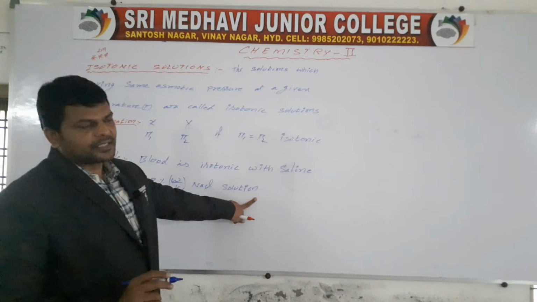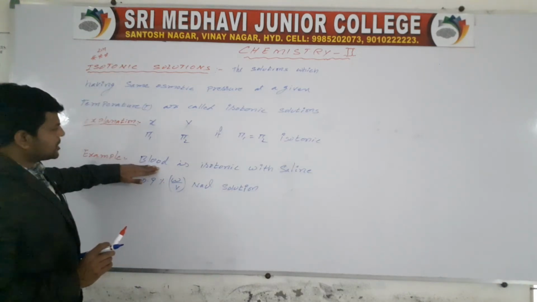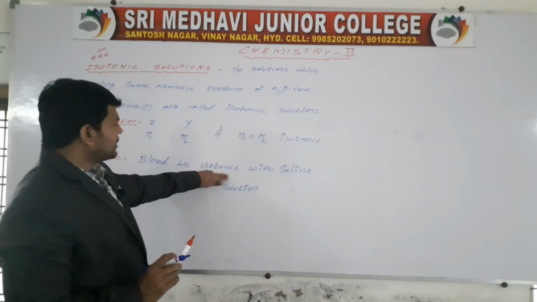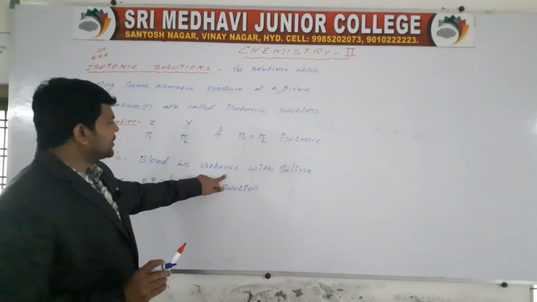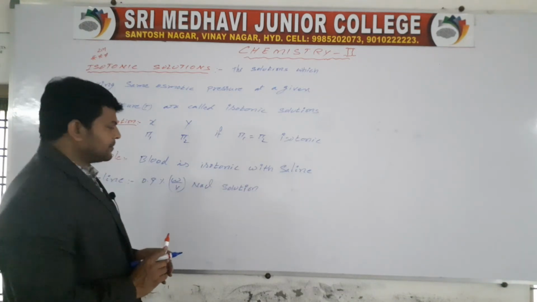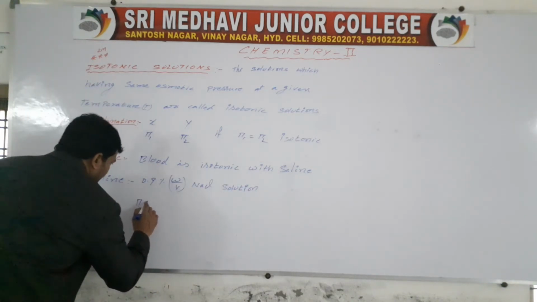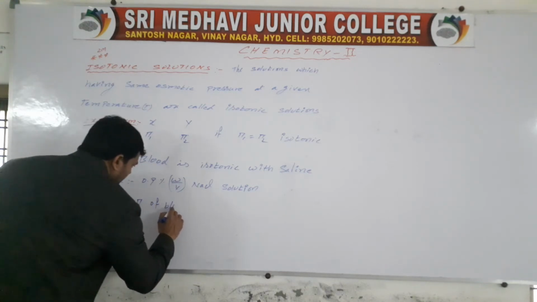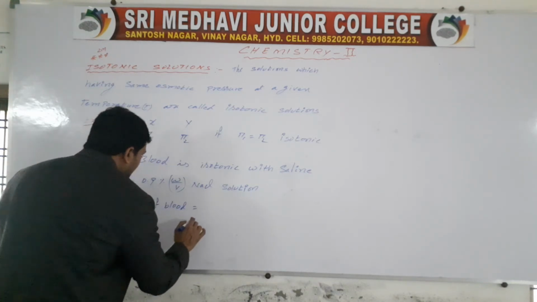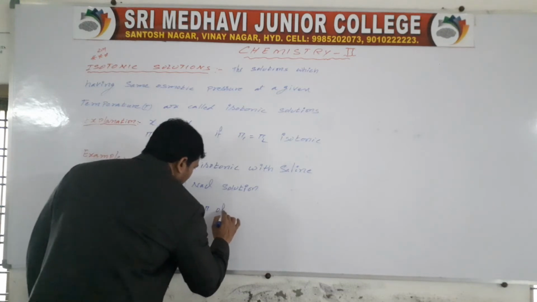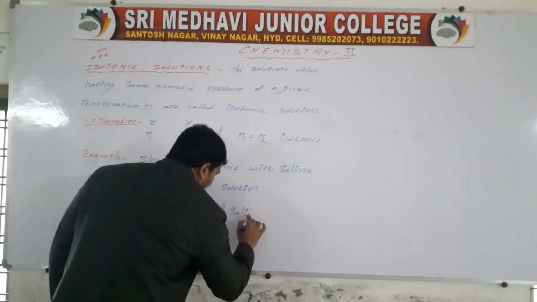Here the osmotic pressure of blood, pi of blood, is equal to pi of saline.